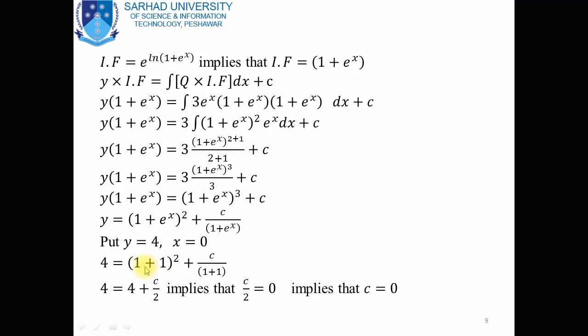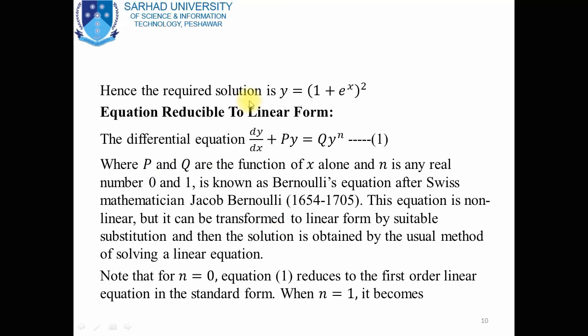And (1 + 1) squared is 4, so 4 and 4 cancel, and we obtain c/2 is equal to 0, which implies that c is equal to 0. Now putting this value of c in the general solution, we obtain the solution y is equal to (1 + e^x) whole squared.